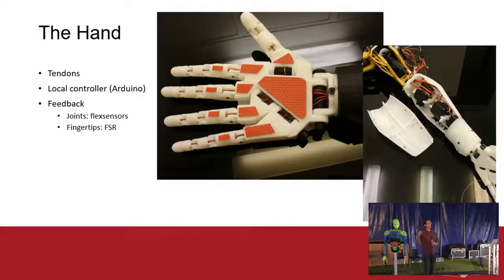You don't have a feedback to the controller to tell it that the motors actually moved. And because it's just pulling a tendon, you don't actually have any feedback from the joints that the joints actually moved. You could have maybe the tendon stretched a bit or even broke. So you wouldn't have any feedback from that.